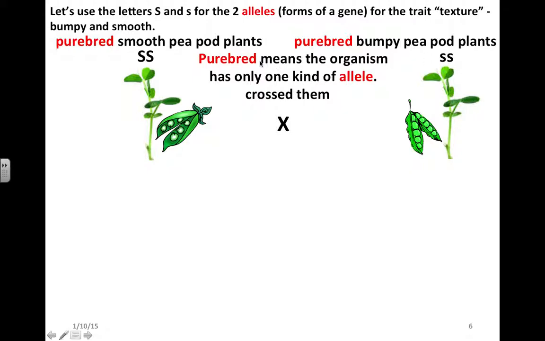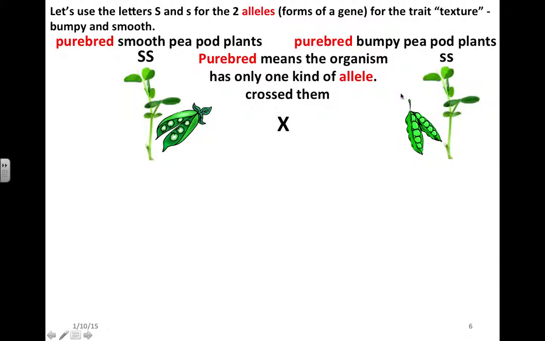The reason this one has two alleles is because this plant got its genes, its forms of the gene, one from its mom and one from its dad. This one got one from its mom, this one got one from its dad. Okay? So when these plants grow up and produce pods, these guys are all going to be smooth. When this one grows up and produces pods, they're going to be bumpy.